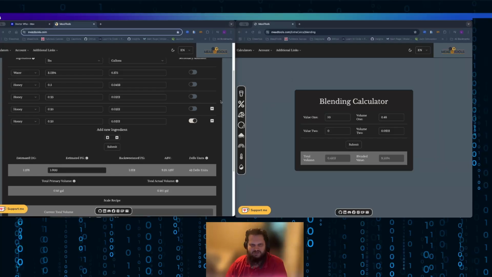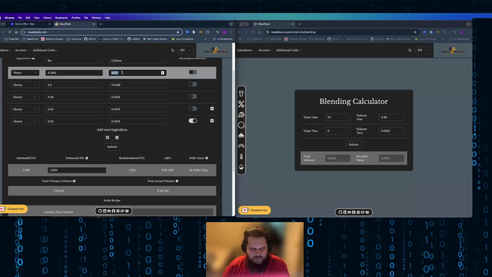You can't see my calculators, so I'm just gonna do it here. 0.0212 times 3, you're adding 0.0636 gallons total with these 3 additions of honey, which doesn't sound like a lot, but let's do this here and see.